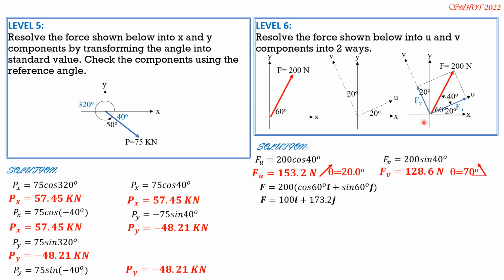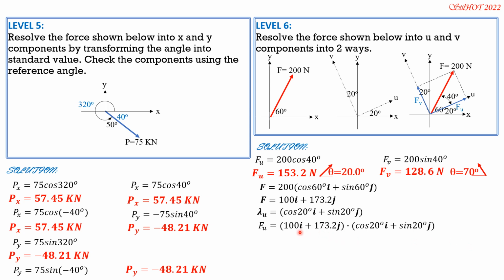Then the unit vector of U, because it forms an angle of 20 degrees, is just cosine of 20 i plus sine of 20 degrees j. Then the component Fu is the dot product of F and lambda of U. And remember that i dot i is 1, i dot j is 0, j dot i is 0, and j dot j is 1.